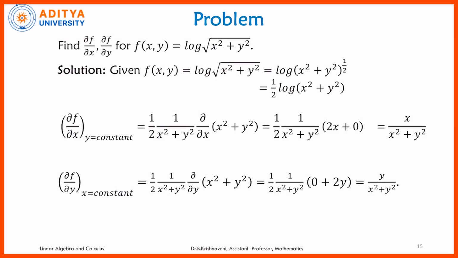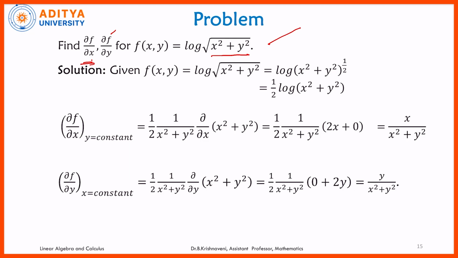Now, let us do questions on partial derivatives. The first problem is to find dou f by dou x and dou f by dou y for f of x comma y equal to log of root of x square plus y square. That is, we have to calculate the partial derivative of f with respect to x, and the partial derivative of f with respect to y.